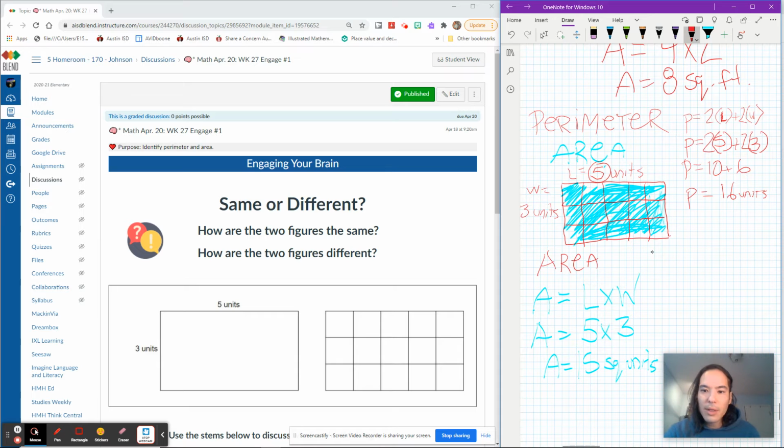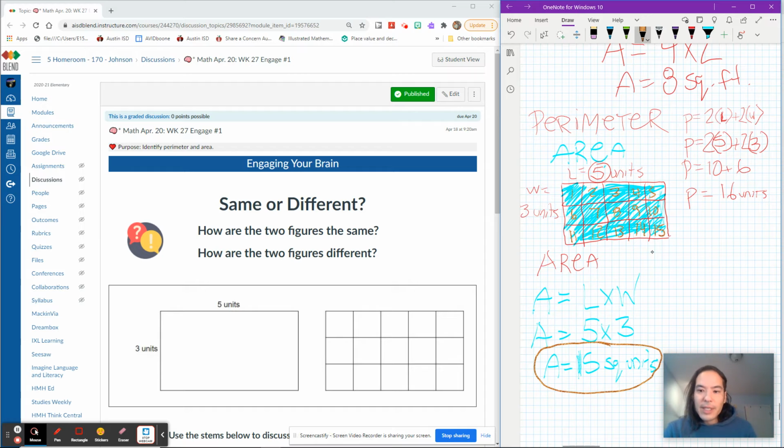And you can barely see my 1, but 5 times 3, our answer was 15 square units, right? So let's go ahead and count how many square units you see here. 1, 2, 3, 4, 5, 6, 7, 8, 9, 10, 11, 12, 13, 14, 15.